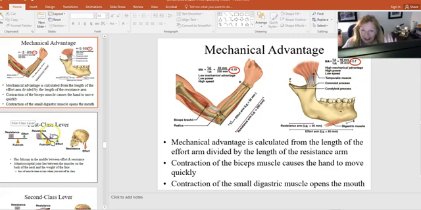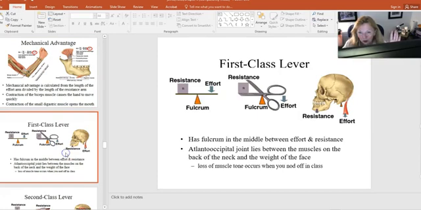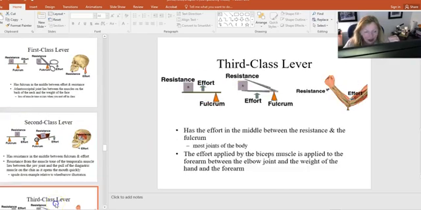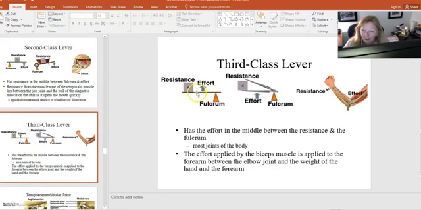Now, again, that's what I want you to get from this, that joints are levers. I'm going to just show you and sort of remind you of how they end up, in the physics of this, figuring this out. First class joints have the fulcrum in the center. Second class joints have the resistance in the center. And third class joints have the effort in the center, right?